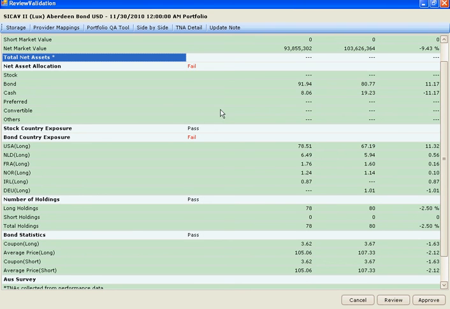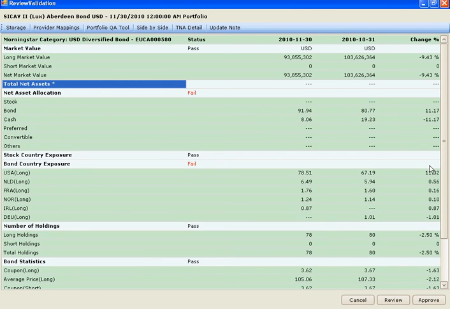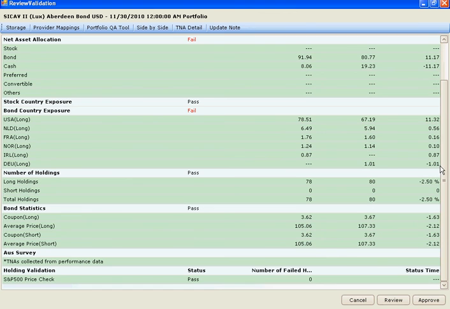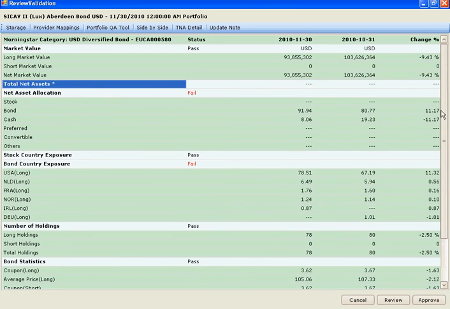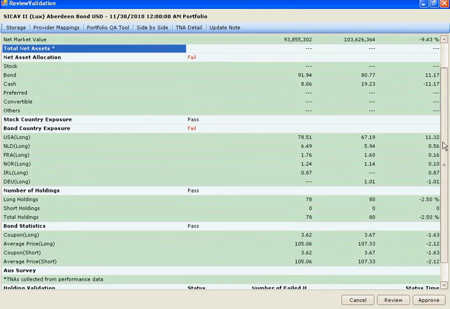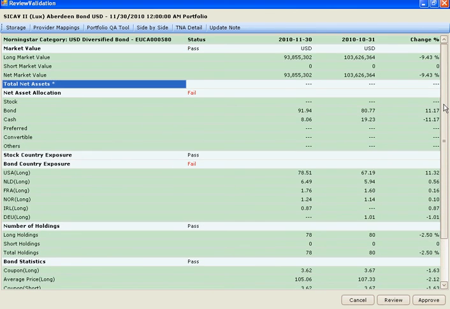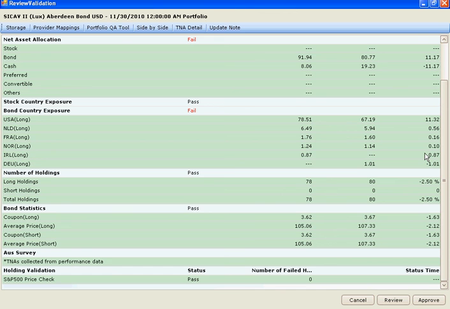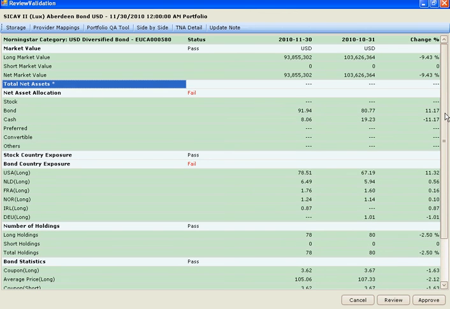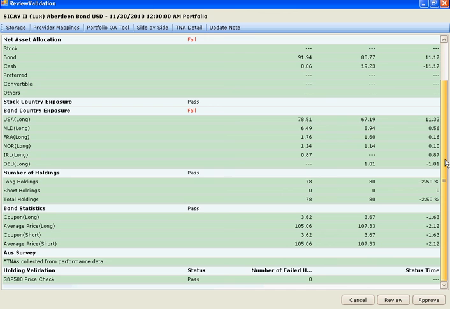So for this validation part, besides using the rules to judge, a lot of times we need to use our experience to make a judgment.